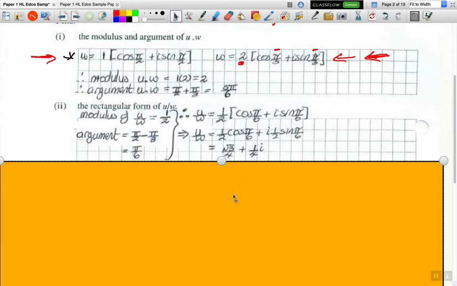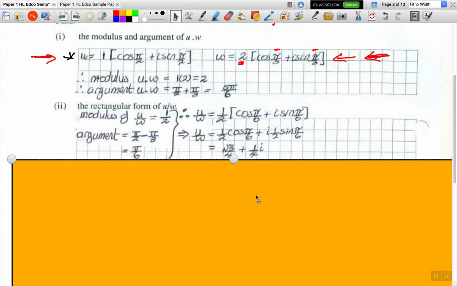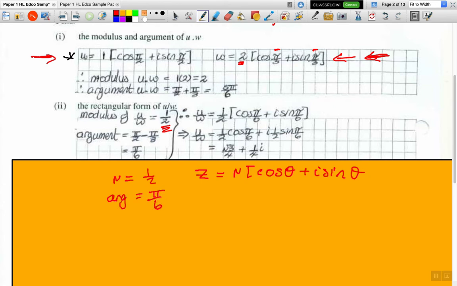So therefore, when we substitute it into this formula, complex number z is equal to r open bracket cos theta plus i sine theta, and since we now know that the new modulus is equal to 1/2 and the new argument is equal to pi by 6, then this is going to be 1/2 of cos of pi by 6 plus i sine pi by 6.